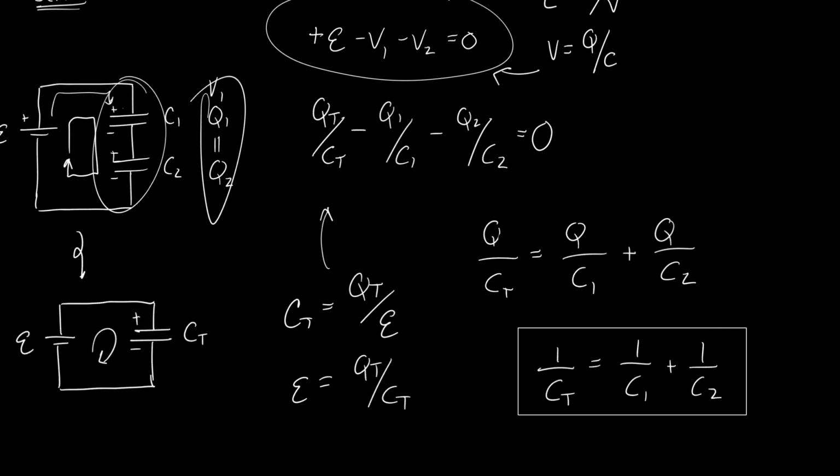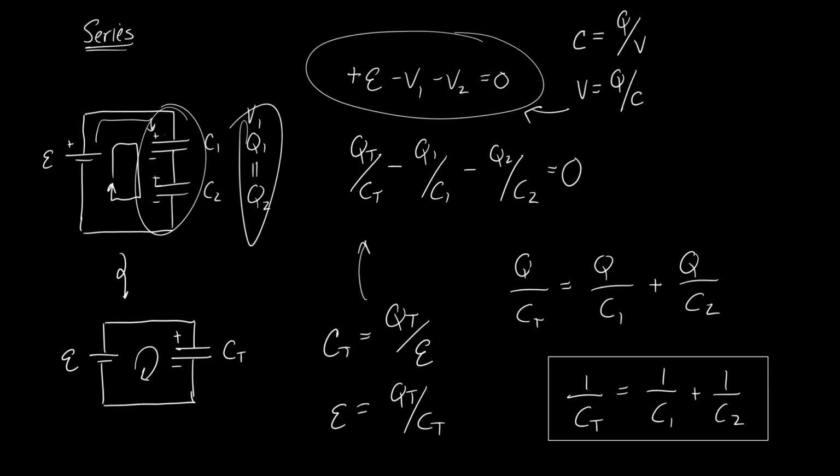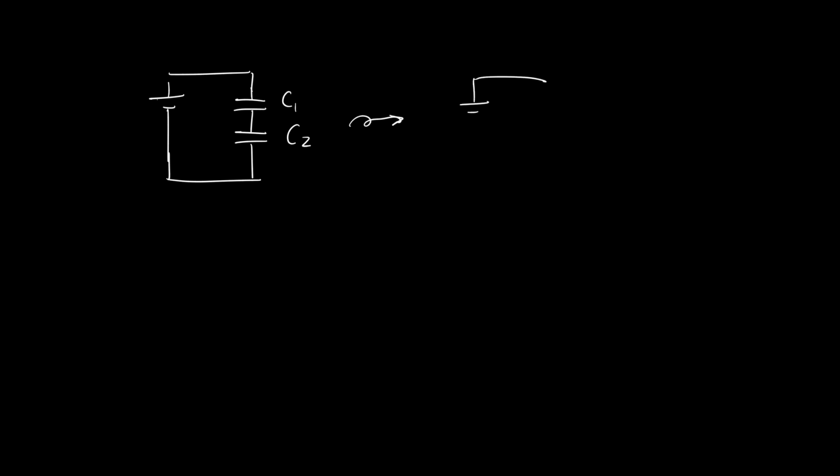Now, this all looks kind of messy here, so let me clear this up just a little bit. If I want to take a circuit that has a system of capacitors that are in series, C1 and C2, and change it into a circuit that has just one capacitor, C equivalent, then to calculate the equivalent capacitance, I add up the inverses.